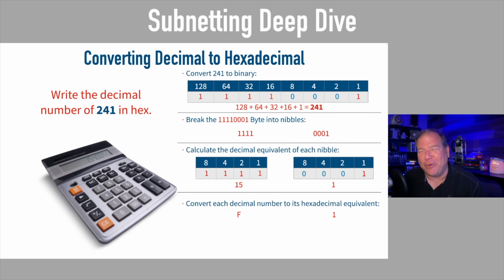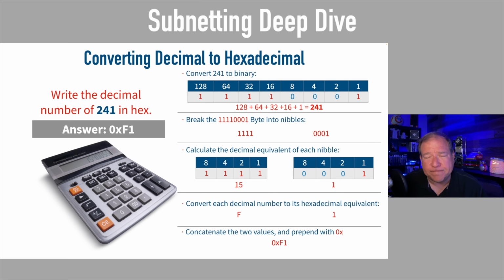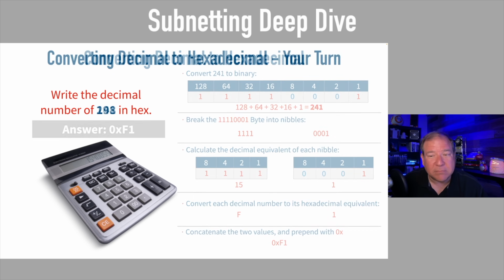It's a hexadecimal 1, though. So now I have an F and I have a 1. But I don't just want to write down, oh, it's F1. I need to say, oh, this is a hexadecimal number. It's 0x, which says, attention, the following number is a hex number. We write 0xF1. So 241 in decimal is 0xF1 in hex.